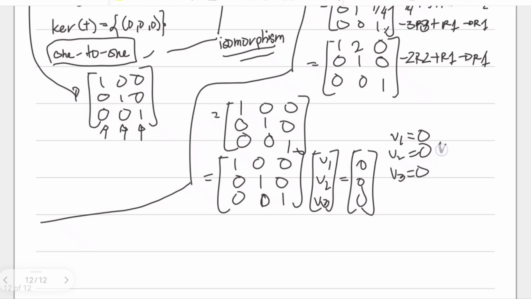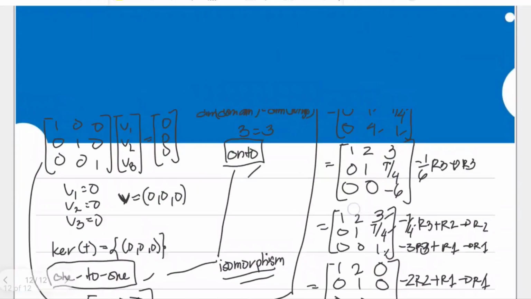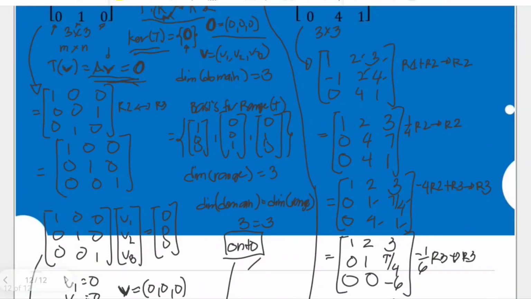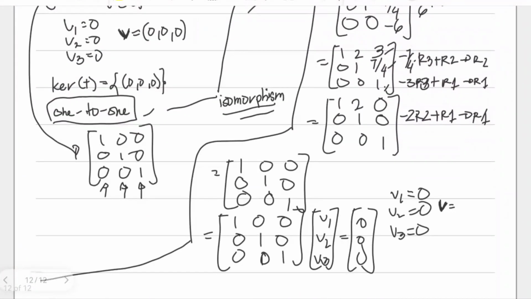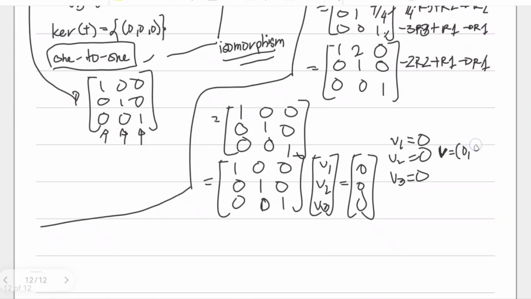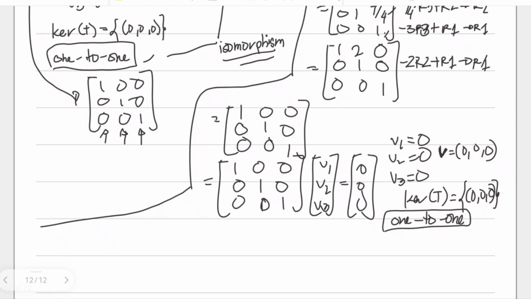Therefore, our vector that satisfies this is the 0 vector in R3. Hence, the kernel of T is the set containing the 0 vector in R3, and then this is automatically a 1-to-1 linear transformation.